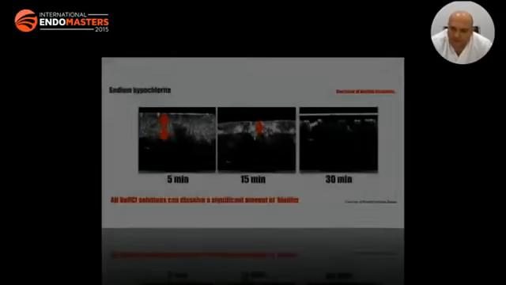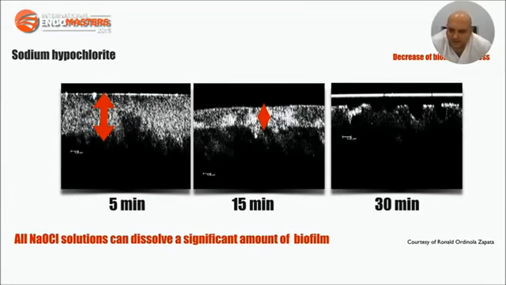After all, 30 minutes of sodium hypochlorite negative pressure irrigation may be able to dissolve all the biofilm even without instrumentation of the wide canals, like Ronald Ordinola-Zapata suggested.